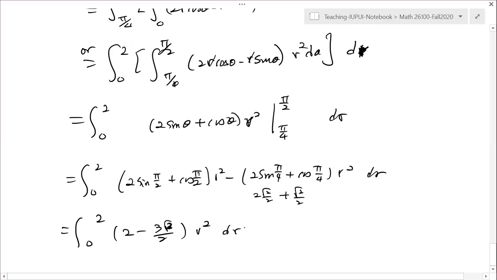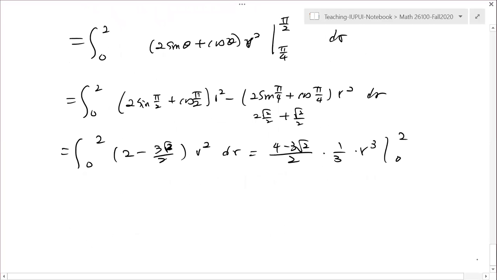Then the antiderivative of r squared is r cubed, 1/3 of r cubed. So you can combine them. Finally, you get a very strange number, and that will be 2 times the cube over 3.